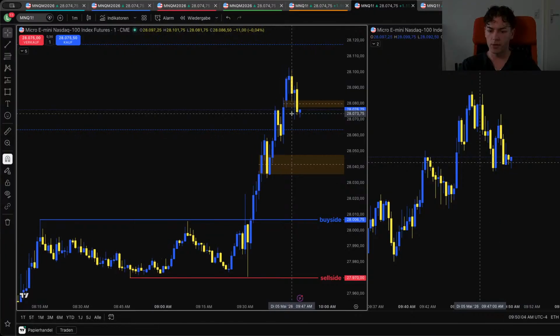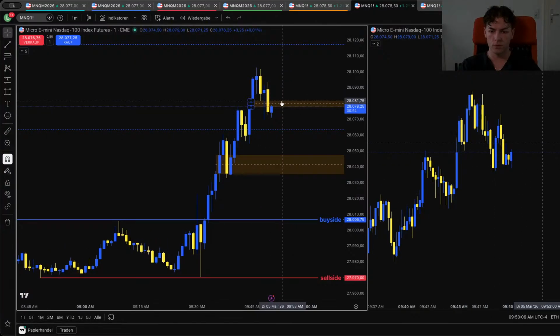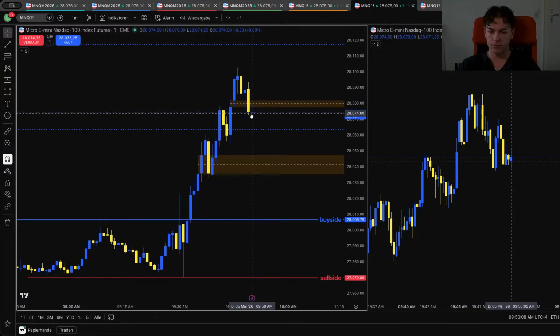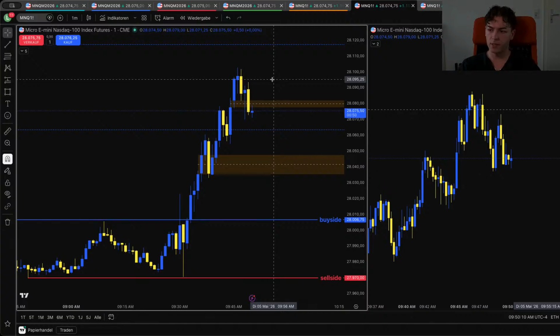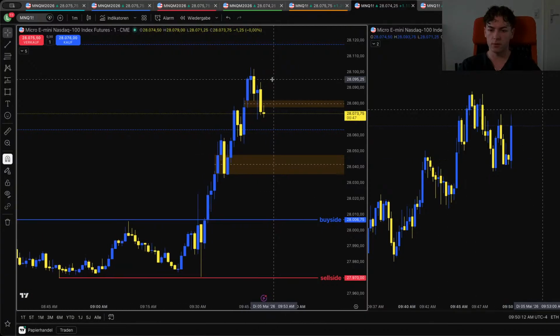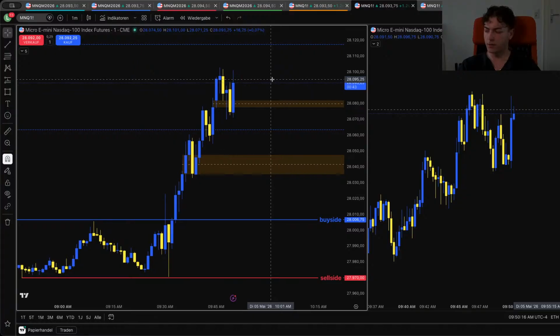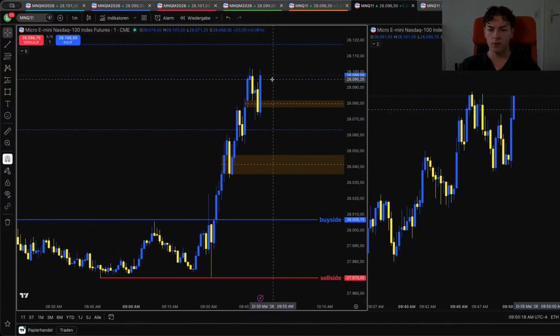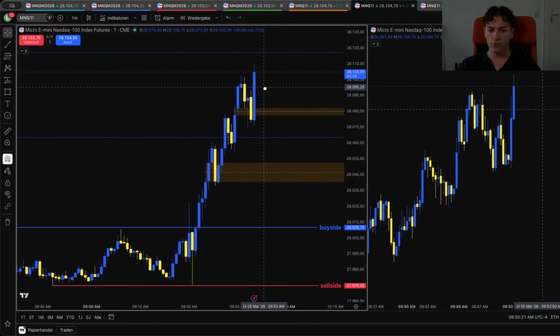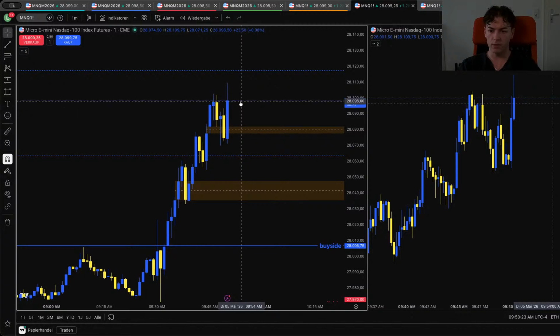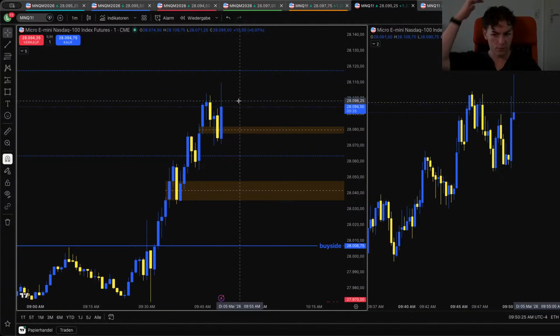Obviously, it's a demo account, so just taking some fair value gaps and entering on these fair value gaps, not trading with a real bias or having a serious expectation of making money or having a profitable trade.